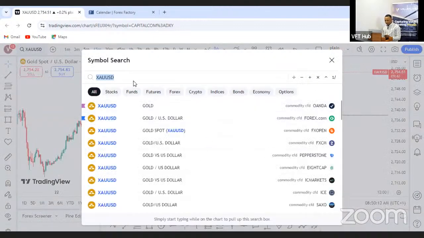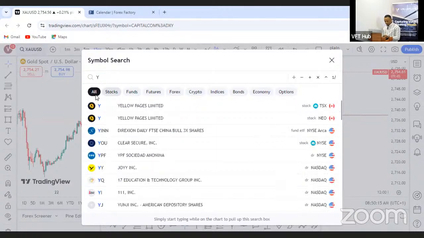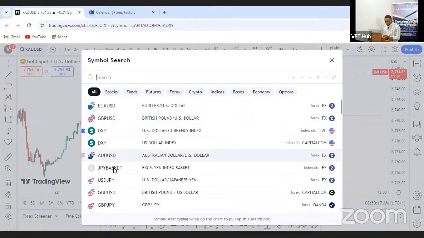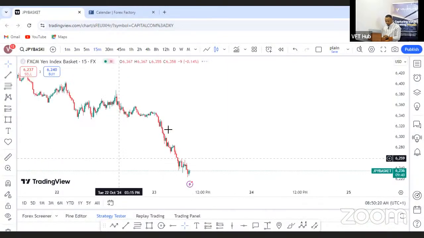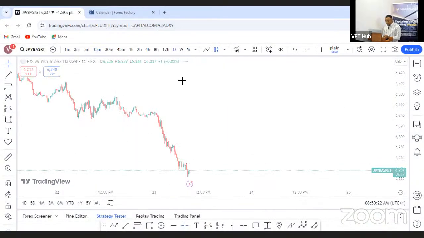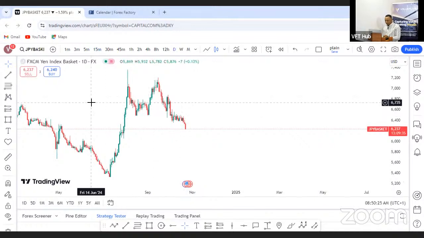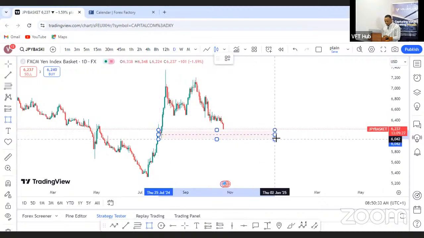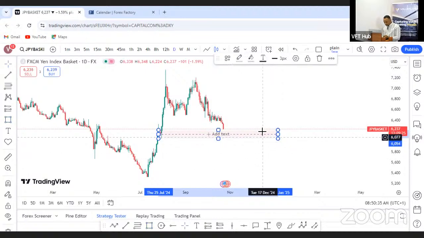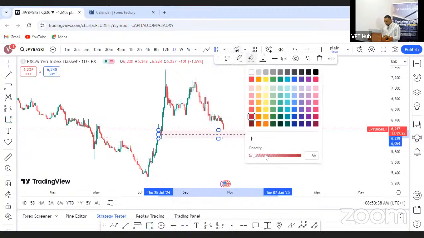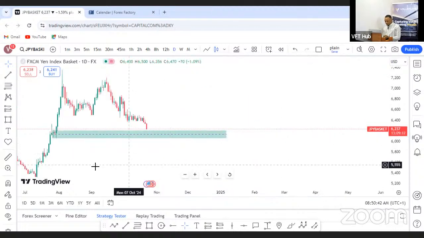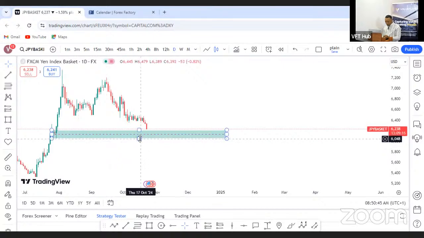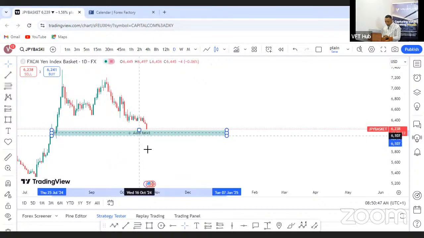Now for the yen basket, if you remember also a couple of days ago, we analyzed for the yen basket to trade into this level right here, and slowly it's doing that.